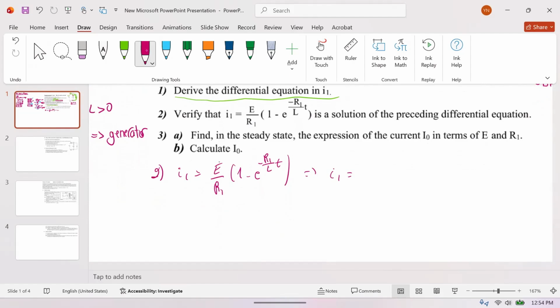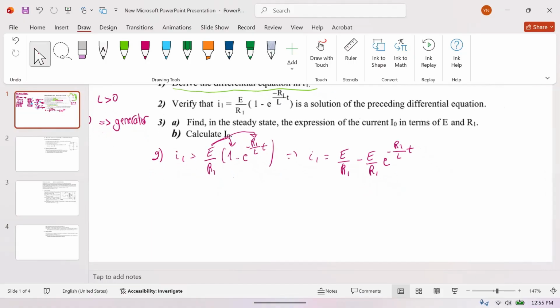So you will get E over R1 times 1 and times the exponential that we have here. So we will get E over R1 minus E over R1 exponential of minus R1 over L t. Once you expand and get rid of the parentheses, that's better for you, especially if you're nervous in the tests. Now, this is the first step for these types of questions.